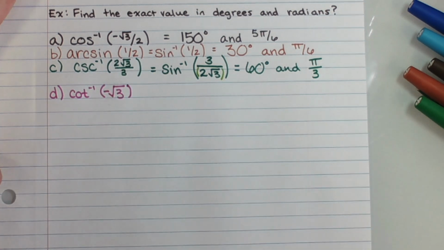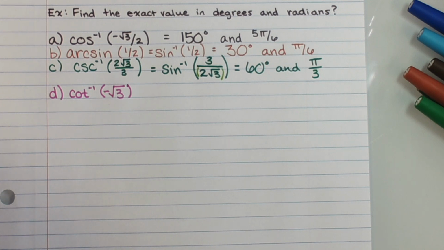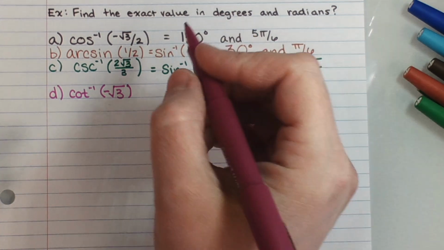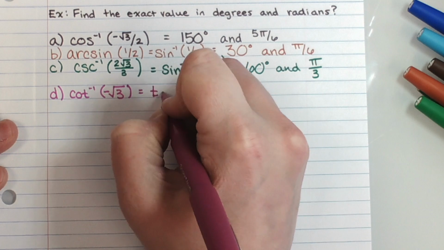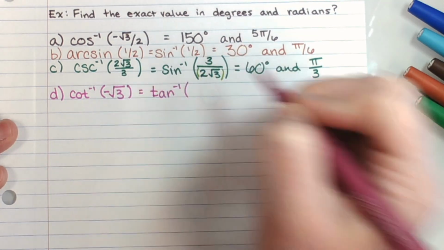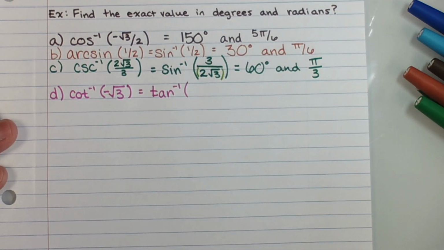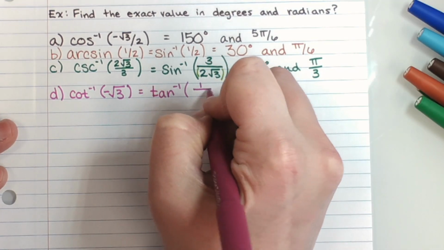Oops, that's supposed to be negative. Cotangent inverse of negative square root of 3. There's not a cotangent button. So what am I doing? Tangent inverse of 1 over negative square root of 3.